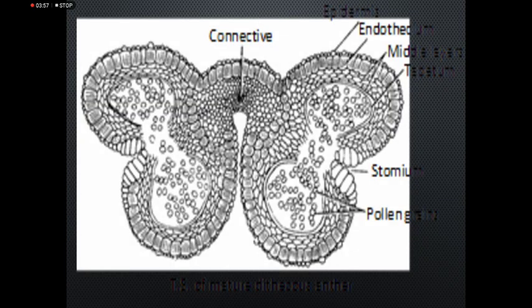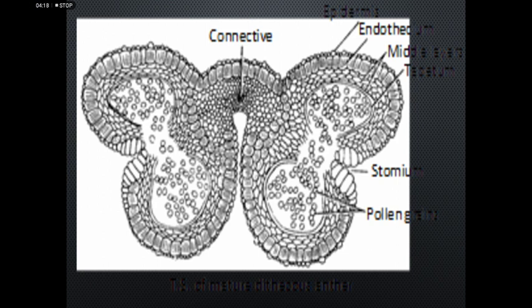Here it is a structure of the anther. Here you can see epidermis, endothecium, middle layer and tapetum, and they can be discussed later.